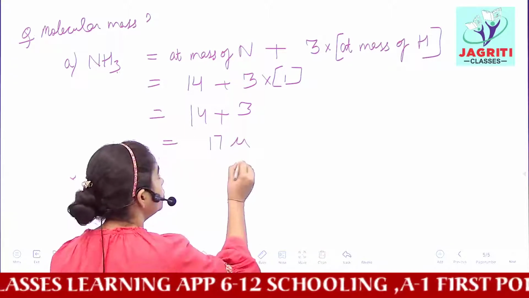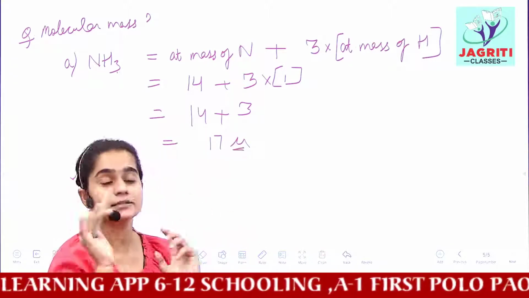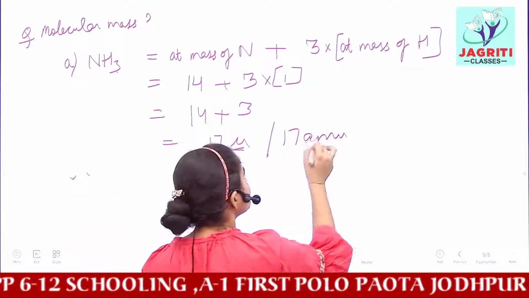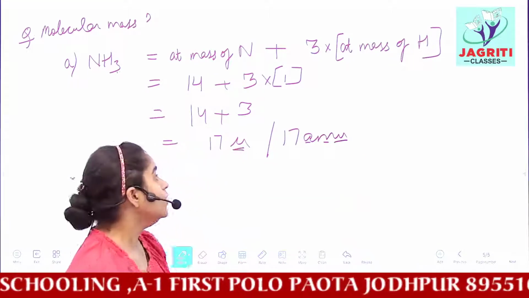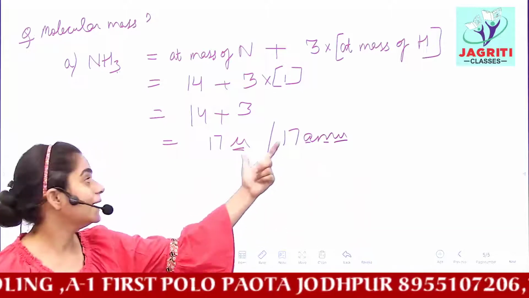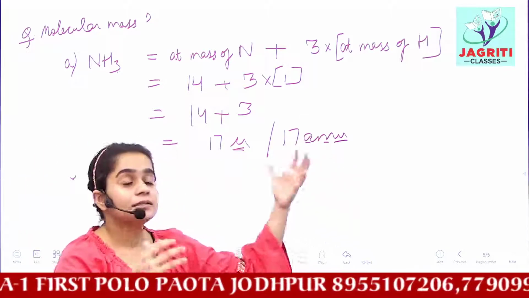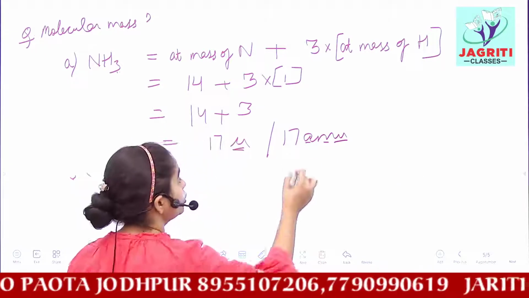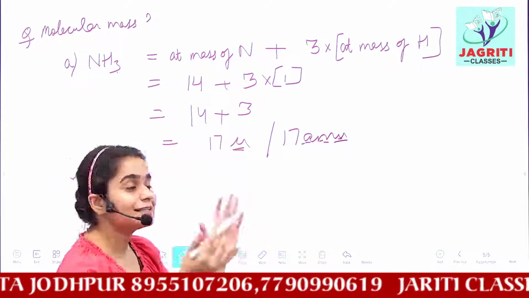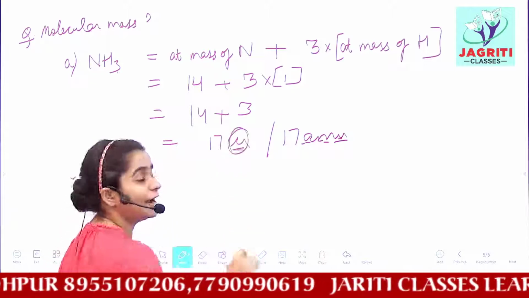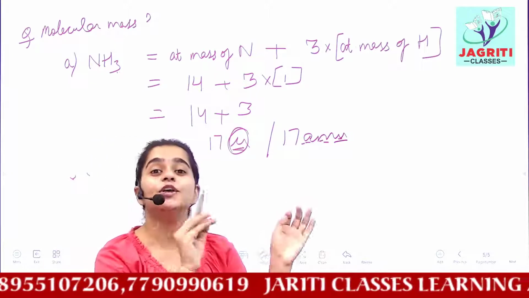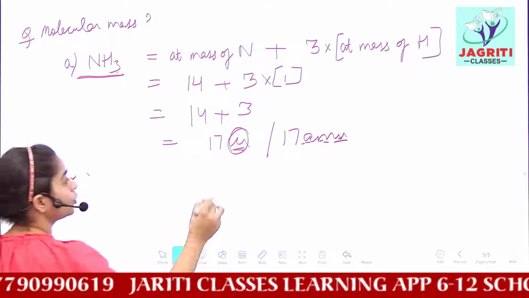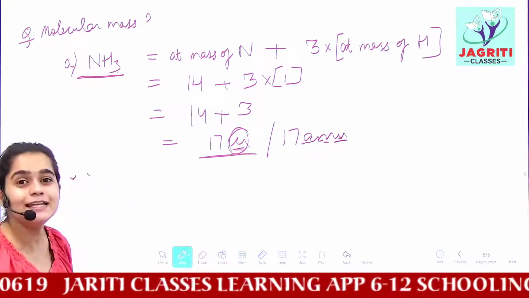You can write U, which stands for unified mass, and you can also write 17 AMU. AMU is atomic mass unit. The atomic mass was derived relative to oxygen or relative to carbon, so we wrote AMU. But now the unit has been changed. We write U, and U symbolizes unified mass. So for one molecule of ammonia, the total mass we get is 17U.